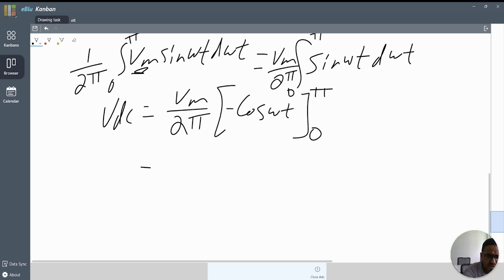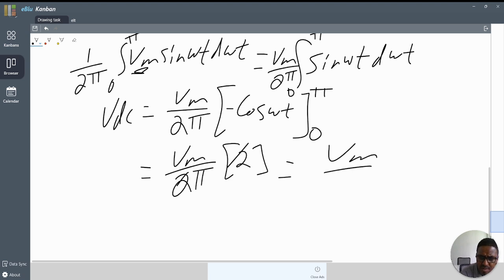From this we get minus cos pi, that is minus minus 1, minus cos 0, that is minus 1, times Vm over 2 pi. You get 2 over 2 pi, that's equal to Vm over pi. So our VDC is equal to V maximum over pi.